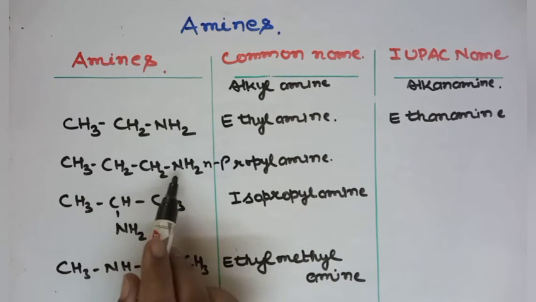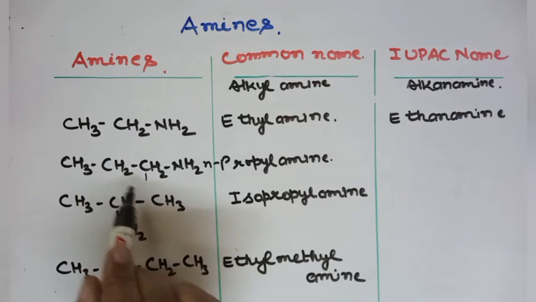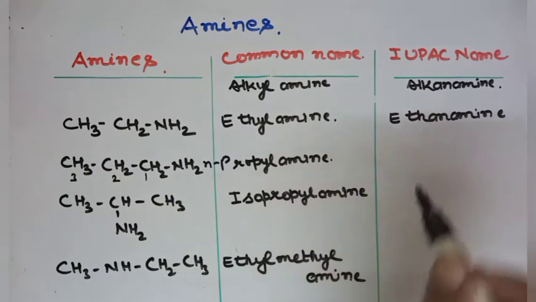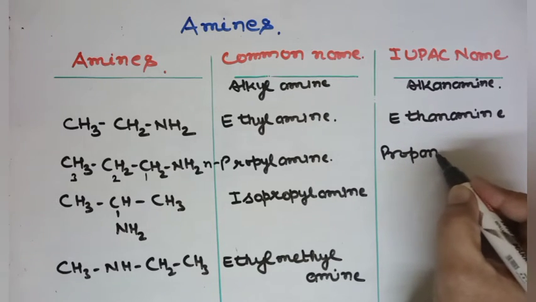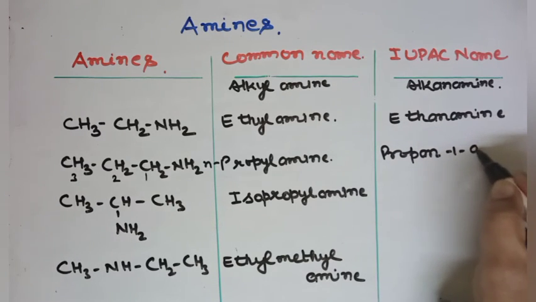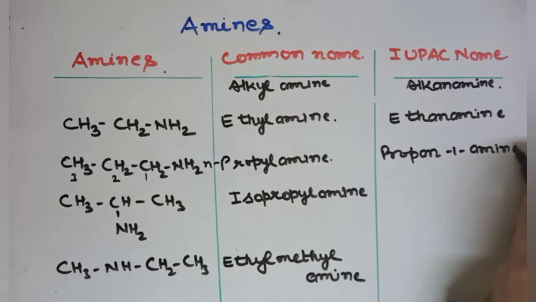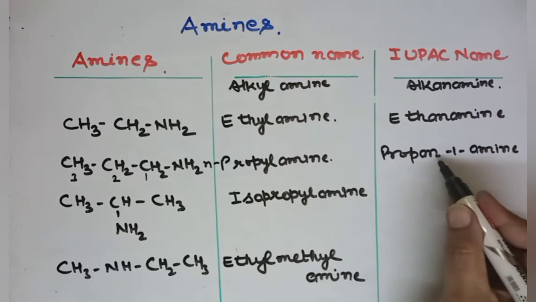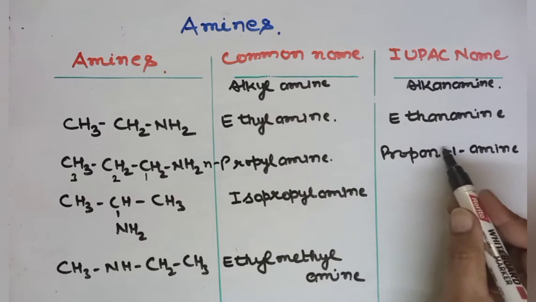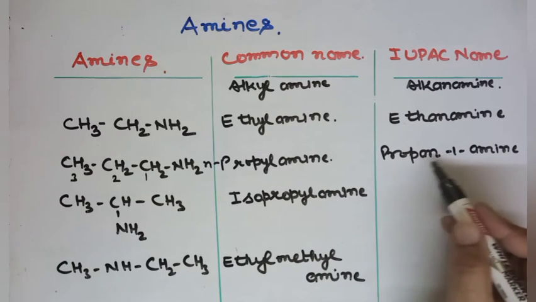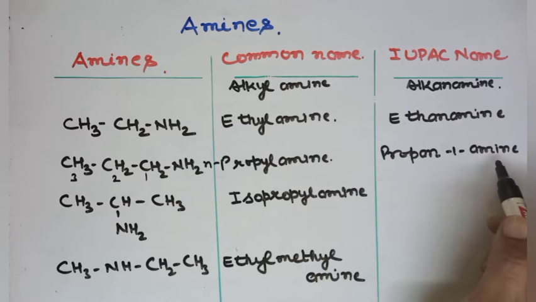And as this NH2 group is at the first position in the chain, we will write propan-1-amine. Initially propane had an E with it, but as we know, two vowels cannot be together, so we ignore this E and simply write propan-1-amine.